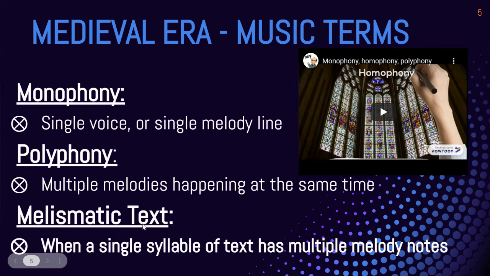Melismatic text is when a single syllable of text has multiple melody notes. So, if any of you have seen Ace Ventura, Pet Detective, there's a scene where he's singing "Alrighty then," because that's what he said all the time.